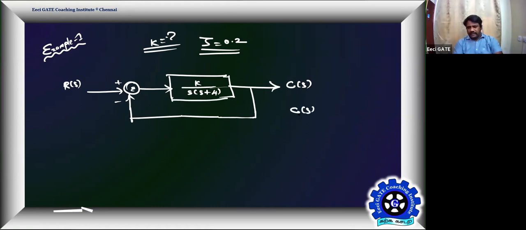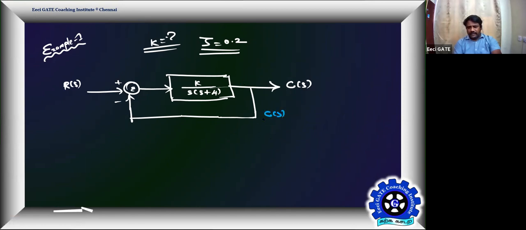Find C(s)/R(s). Let the denominator look like a standard second order; you'll get some numerator, and the denominator should look like s² plus 2ζωn s plus ωn². Then you can take a call. So find the transfer function, then compare with the standard second order.